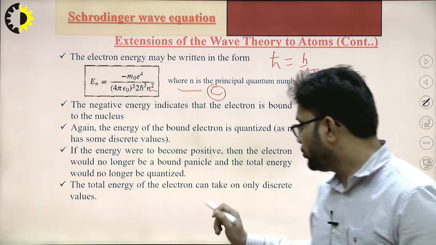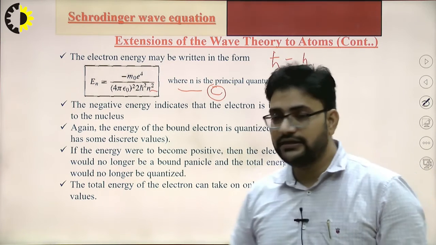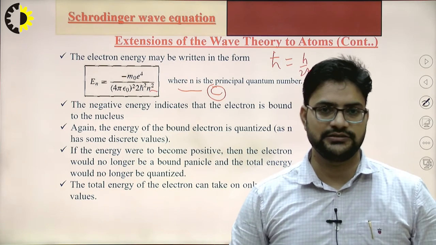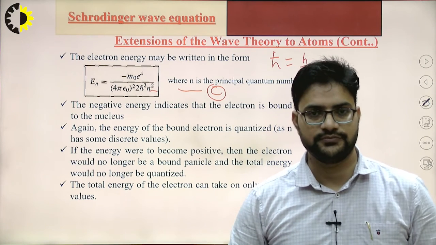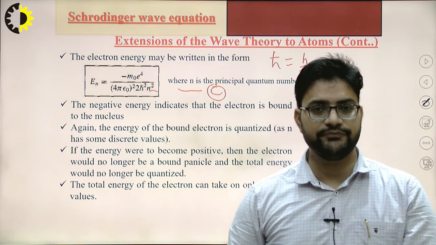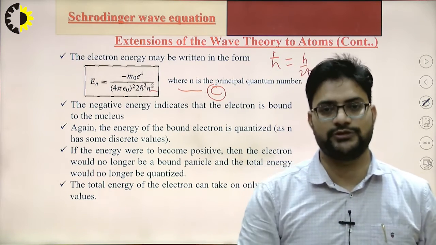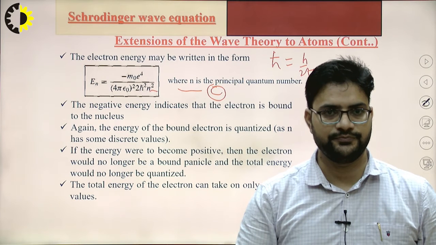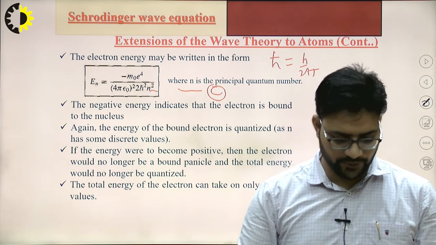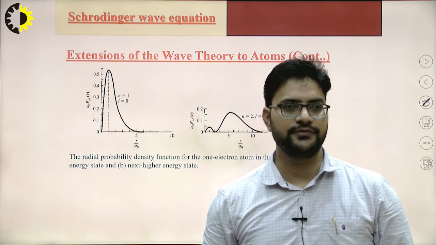So the total energy of the electron can take only discrete values, and it will be negative. Why is it negative? Because it shows that electrons are bound to the nucleus. I hope this concept is now clear.